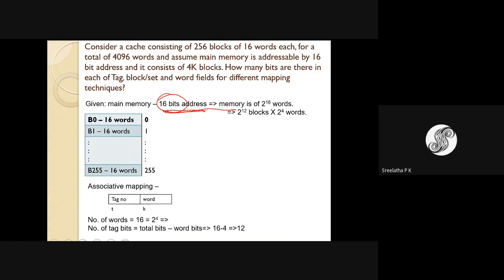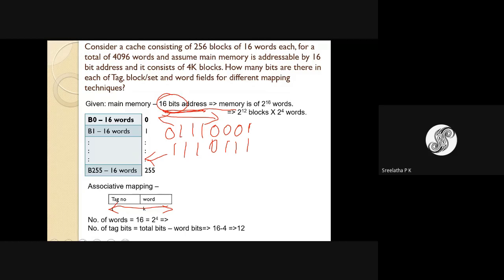I had told that the cache address and main memory address are the same size and have the same bit pattern. Suppose I consider this as the main memory address, the same address is mapped to the cache memory also.